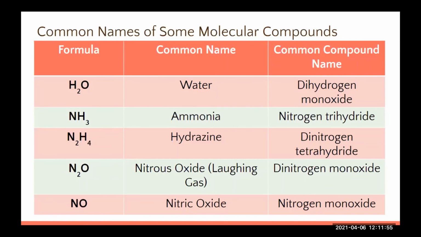Ammonia, that's the cleaner for like your floors, is nitrogen trihydride. Hydrazine, that's jet fuel, is dinitrogen tetrahydride. Nitrous oxide, commonly known as laughing gas, your dentist's best friend, is dinitrogen monoxide. And nitric oxide is nitrogen monoxide.